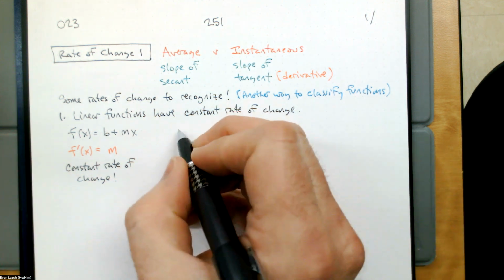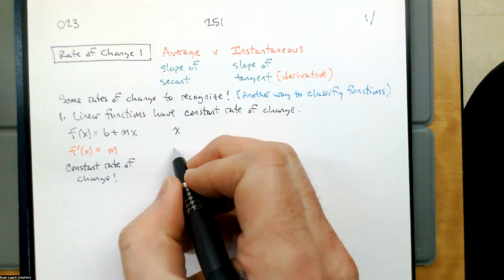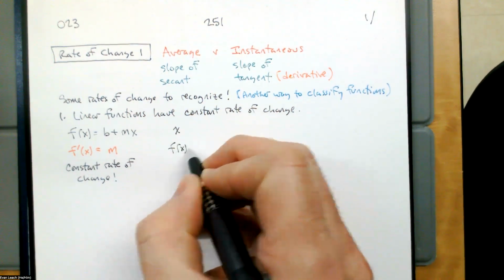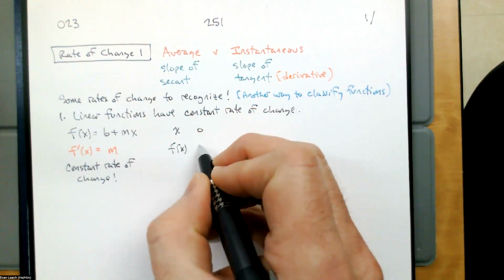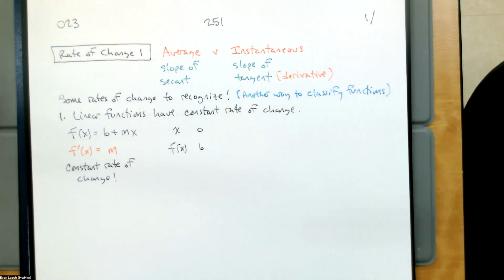So if I have a table of values for this function, when x is 0, f of x is equal to b. And every time x increases by 1, the function increases by m. That's how slope works. That's how linear functions work.